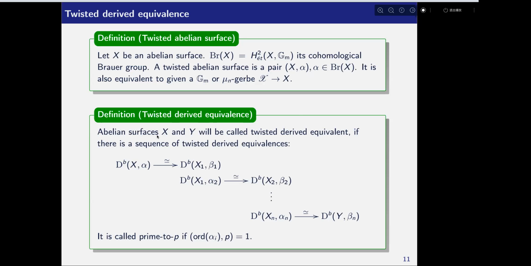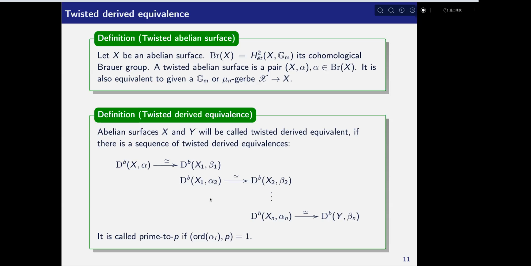Two abelian surfaces are twisted derived equivalent if they are connected by an equivalence between the twisted abelian surfaces, starting with X with some alpha and ending at Y with some beta.